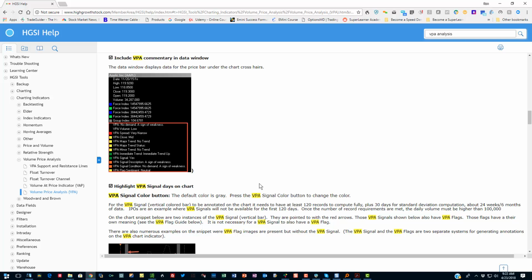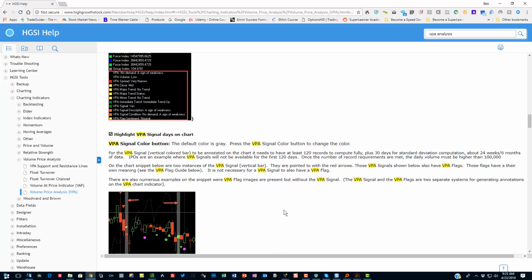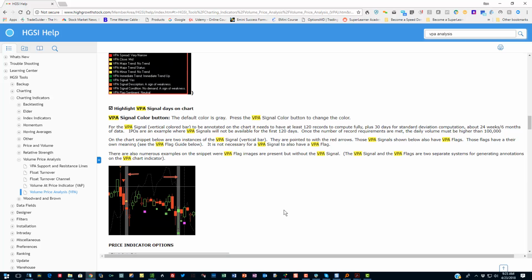There is a difference in terminology sometimes, especially between Anna and Tom Williams and Karthik, but HGSI pretty much follows the standard of Tom Williams and Karthik as far as using the entire body as the spread.